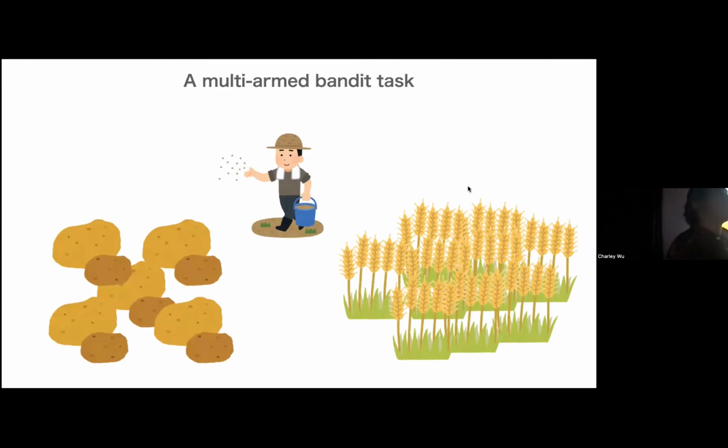He's still very naive, so he doesn't know what to do. He's a poor guy, but he's now trying to plant either potato or wheat, as we talked about yesterday. Yesterday I just sketched this guy's behavior, and we played a multi-armed bandit problem together.